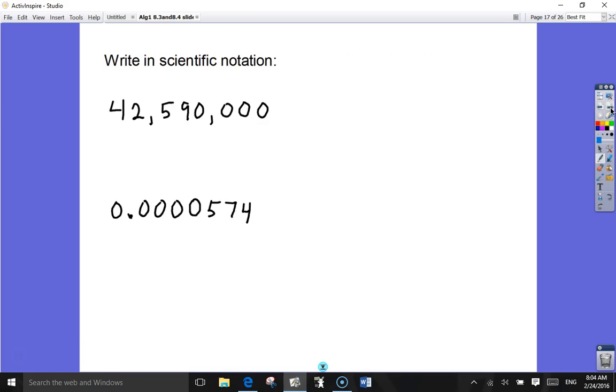So let's write these in scientific notation. How many decimal places am I going to have to move for this 42,590,000?